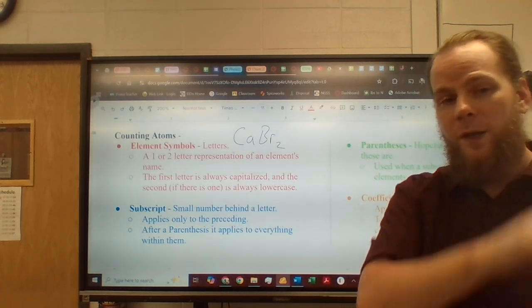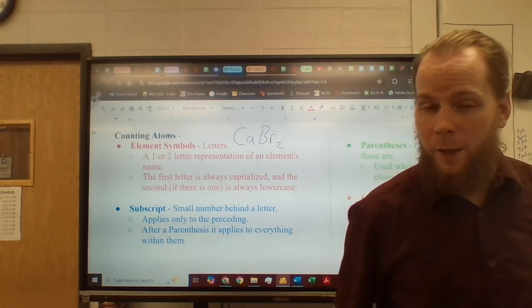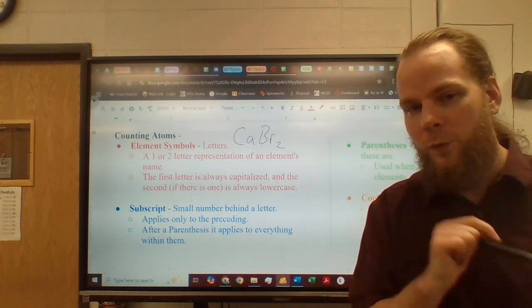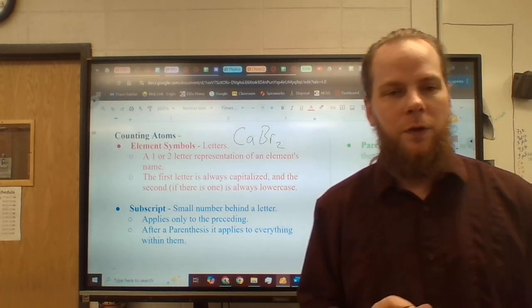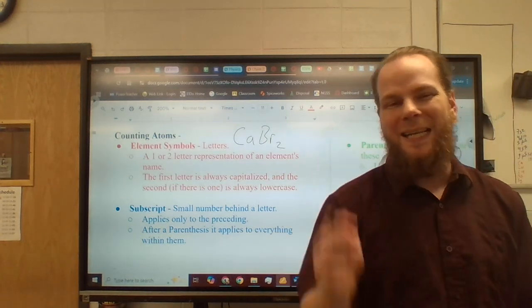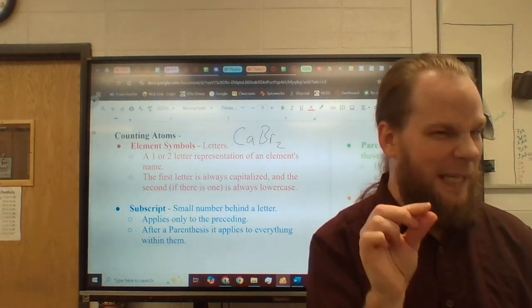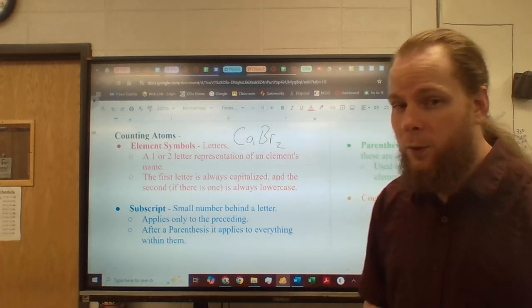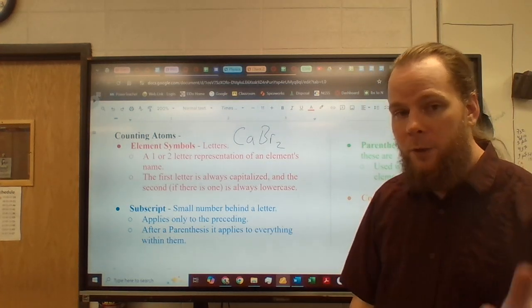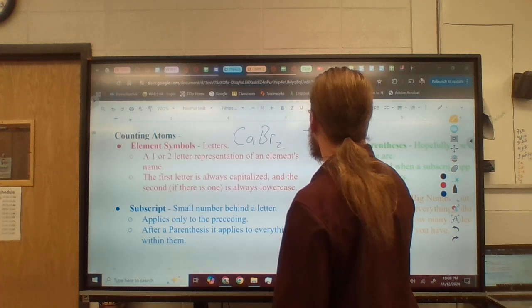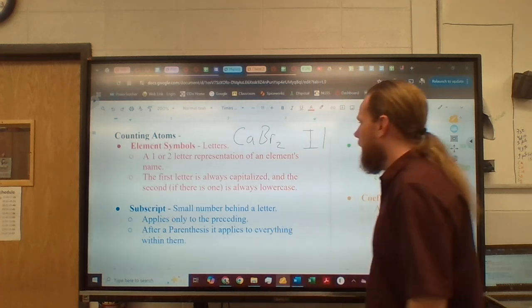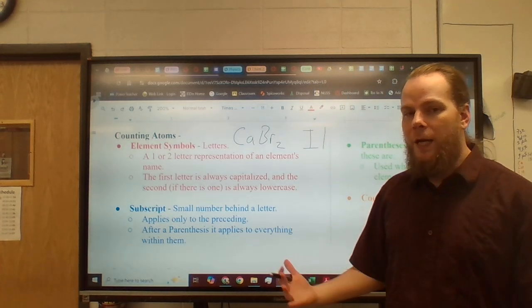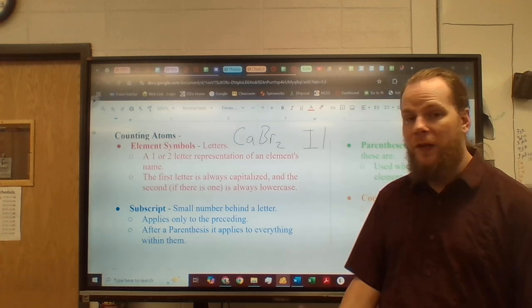Now, there is one thing I need to mention because it's going to come up. Sometimes, with the fonts that we've typed stuff up in, it can be hard to tell whether that is a capital I or a lowercase l. Sometimes with certain fonts, you just can't tell.